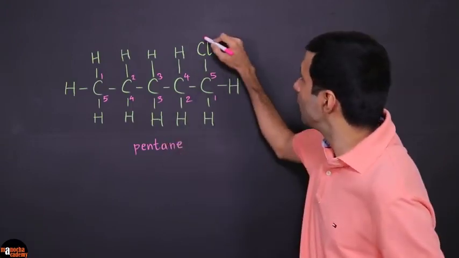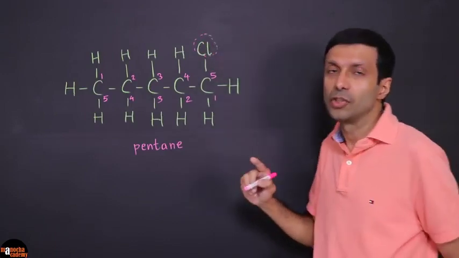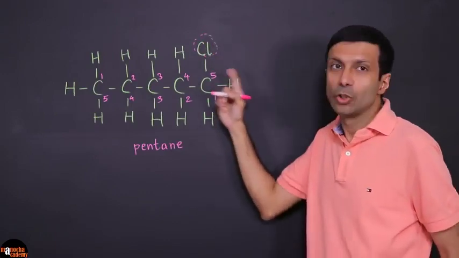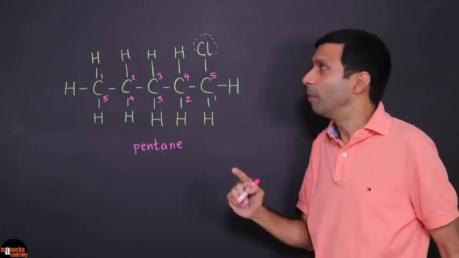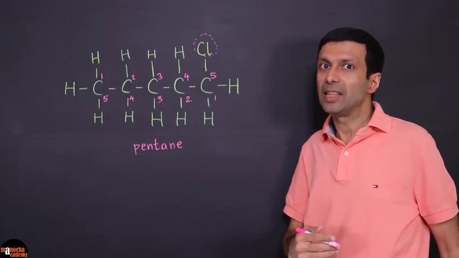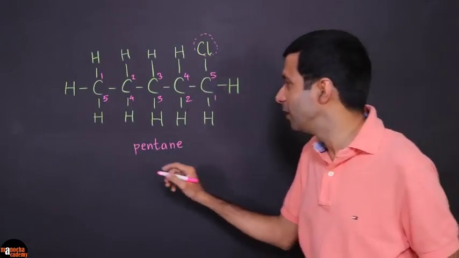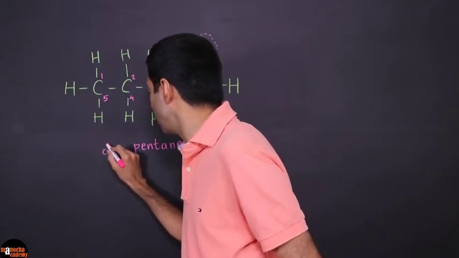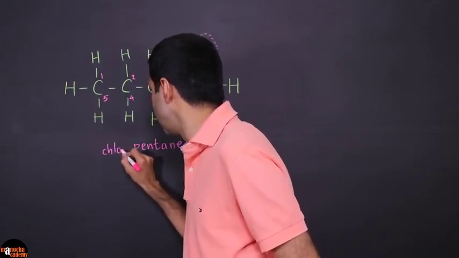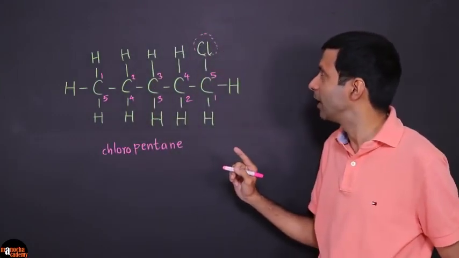Now this chlorine is a halogen, and so that's our functional group here. And remember, for halogens and for the alkyls that we had done, the name goes in the prefix. So it's going to be a chloropentane. Not chlorine pentane, it's chloropentane. So that's the way the IUPAC name is done.